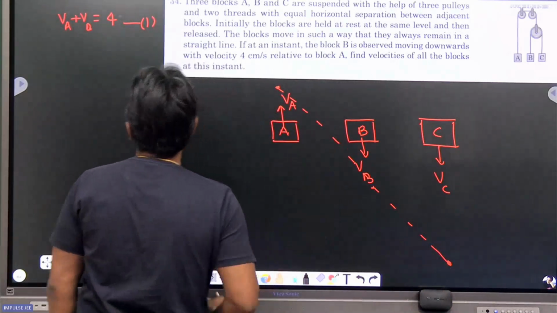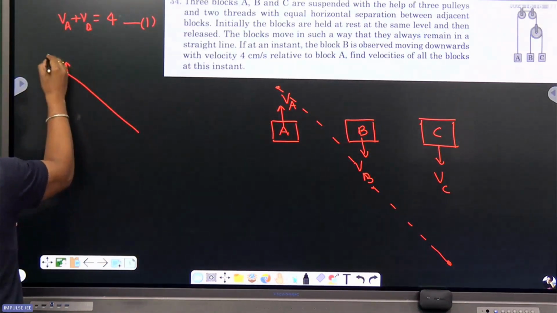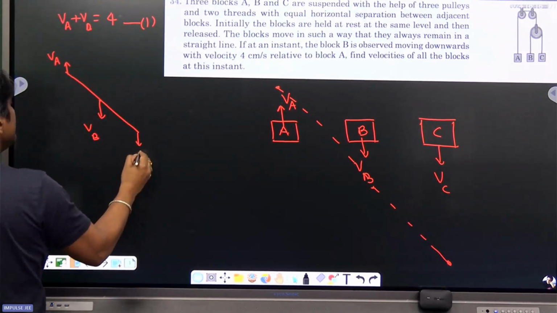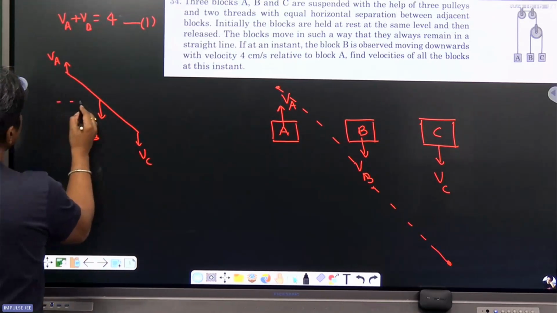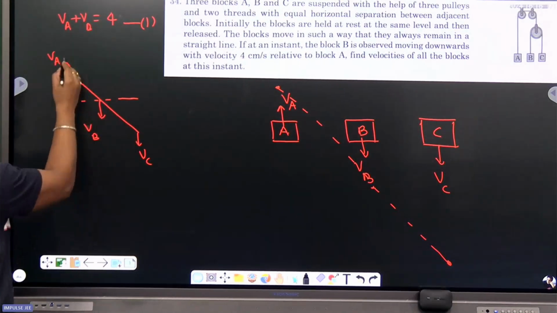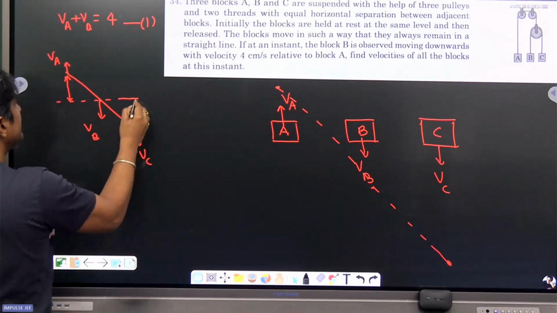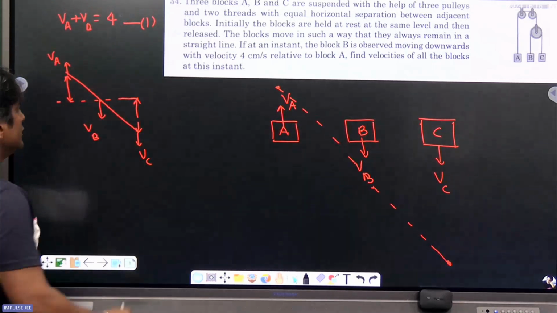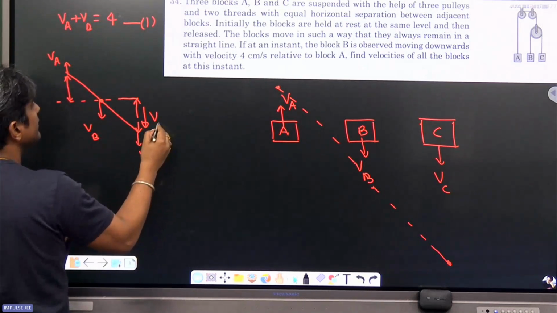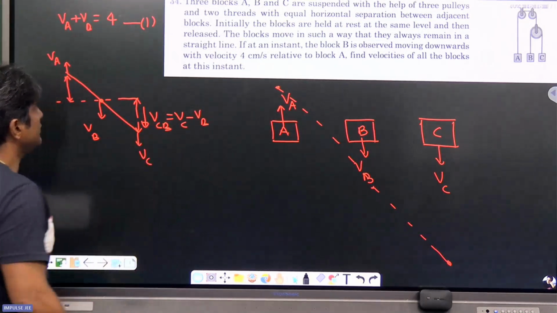If we draw this line here for better understanding, suppose this is your VA and VB is in this direction, and this VC is also in this direction. To maintain this straight line, whatever the distance traveled by A with respect to B in this direction, the same distance would be traveled by C with respect to B along this direction. So with respect to B, this is VCB, which we can write as VC minus VB from the relative velocity concept.